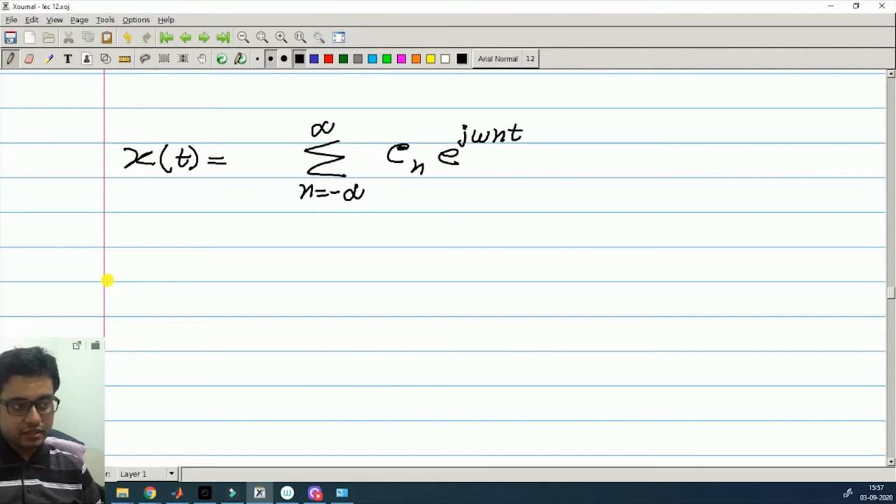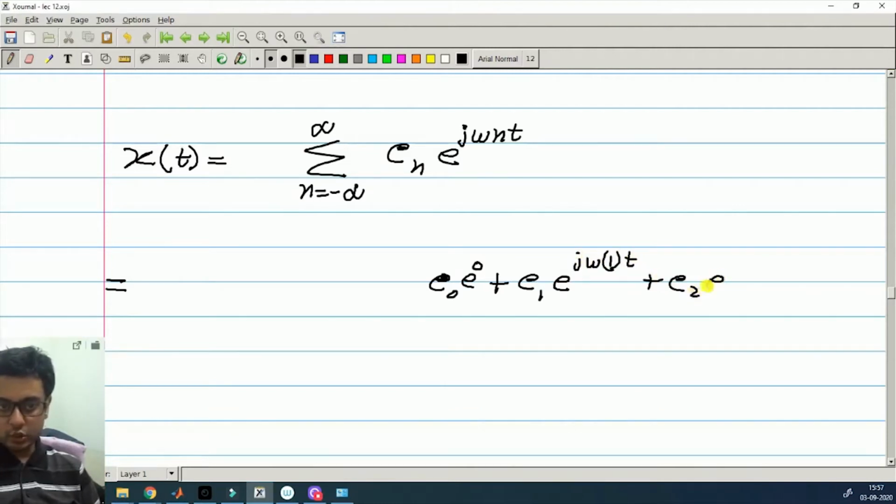That means this is equal to C0 for n equal to 0, e to the power j omega 0 t, then plus C1 e to the power j omega 1 t, plus C2 e to the power j omega 2 t and C3 e to the power j omega 3 t, and so on.